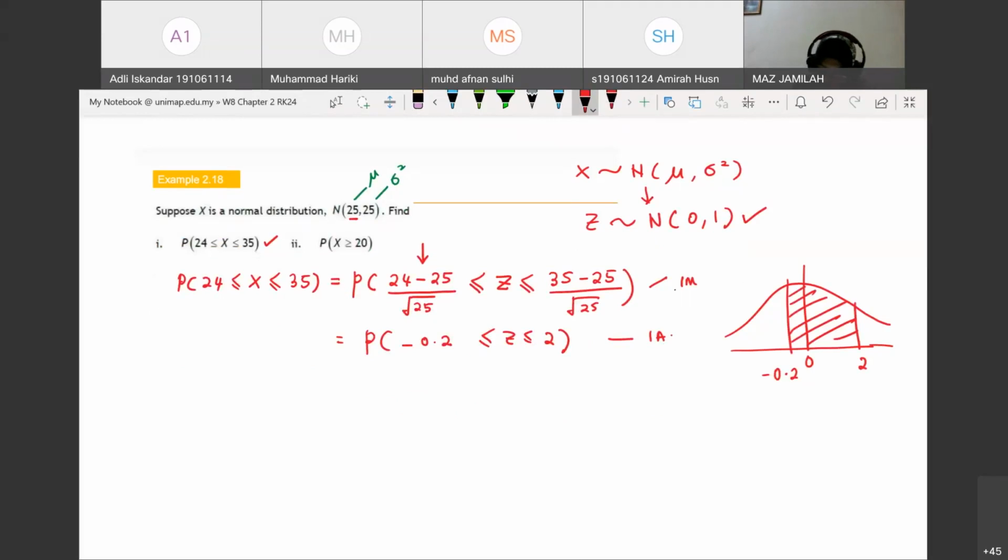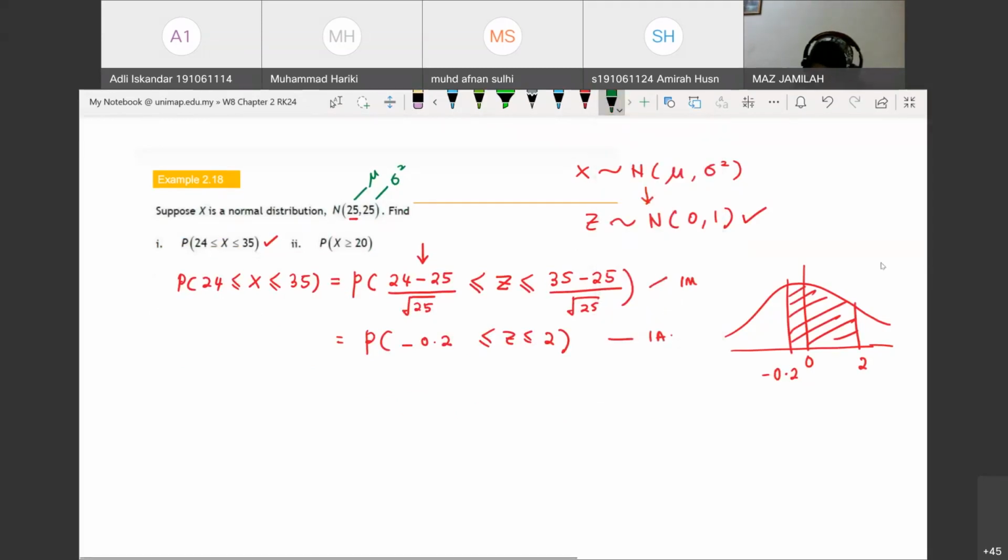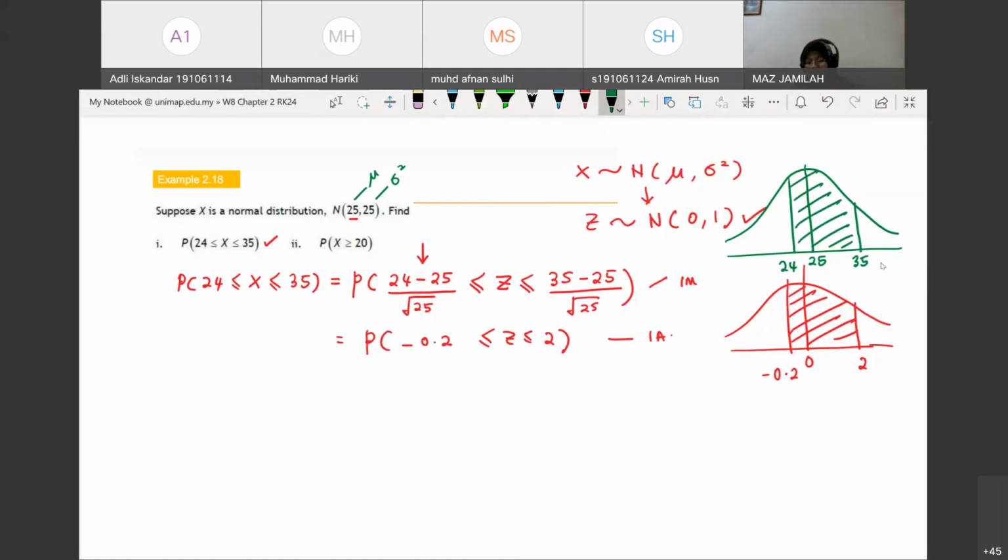If I were to write down the original probability distribution, the mean is 25, and you are talking about the probability between 24 until 35. This is the difference between normal probability distribution and standard normal probability distribution.